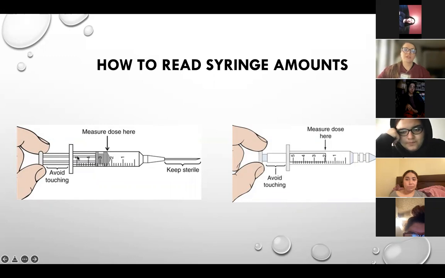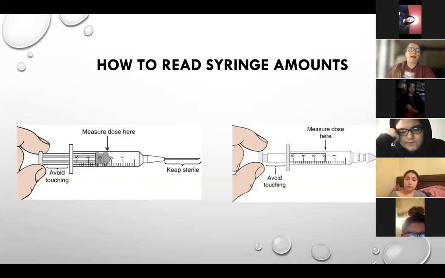Now with our glass syringe, they don't have the double rubber stopper that you see on the plastic syringes. It's going to be just a dull end to the end of that plunger. So you don't really have to worry about which line to read from. It's a lot clearer. Again, with the glass syringes, you're not going to be dealing with them very much. They usually come in catheter kits or central line kits.